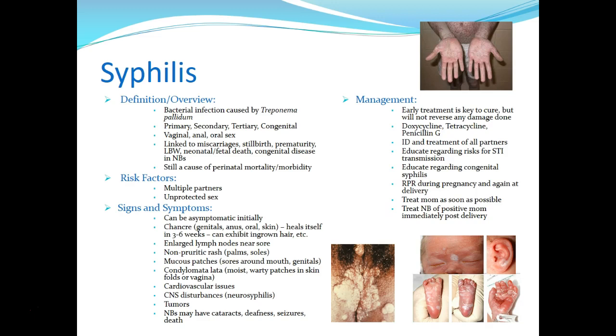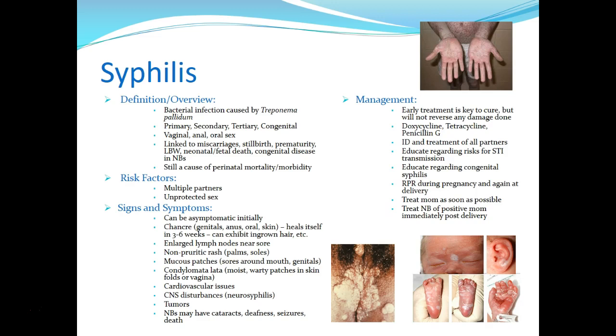Everyone who gets pregnant has an RPR during pregnancy and again at delivery, and that's a lab test that tells us whether or not that person has syphilis. So they get it twice during their pregnancy, once at the beginning and then once before delivery.